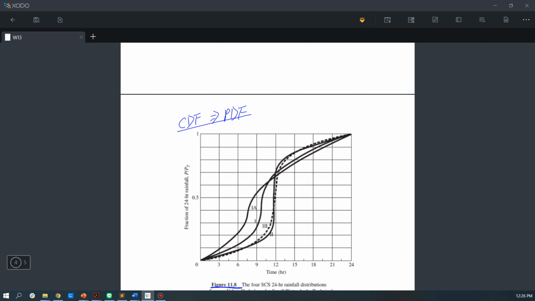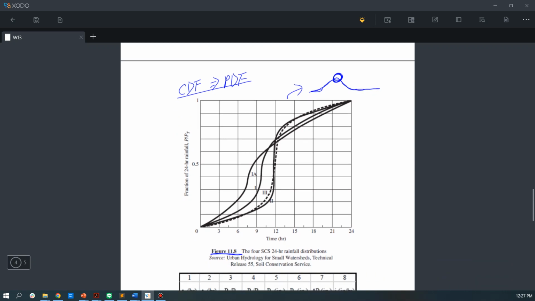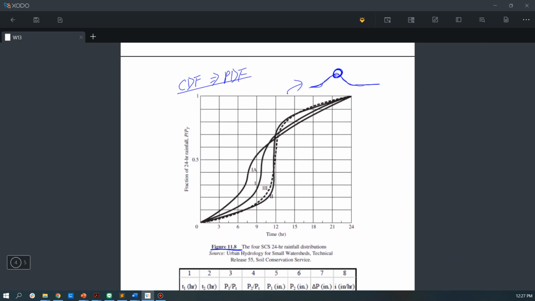So to convert a CDF to a PDF, we want to translate this curve into a form like this. So we can find out the peak intensity at the highest point. To do that, we use a discrete method to do this translation.